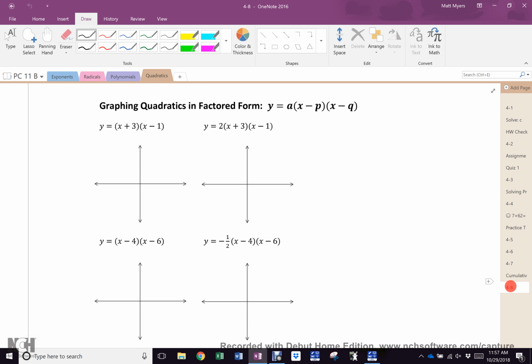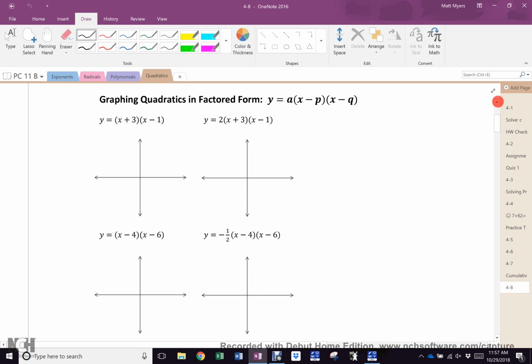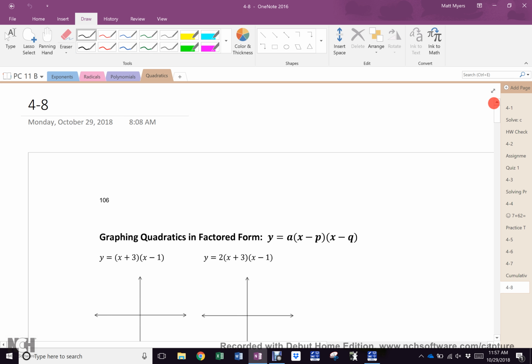If you would be so kind as to turn the page over to 106. So, we have just reviewed vertex form. Vertex form being y equals a(x minus p) squared plus q.